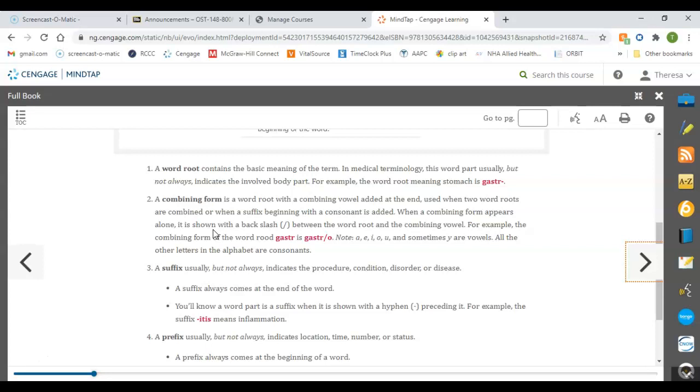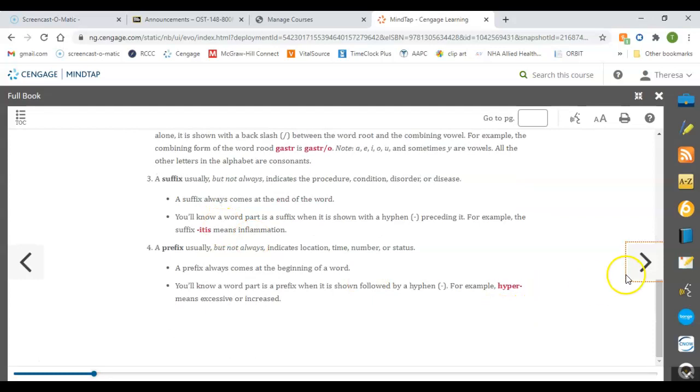The combining form is the root plus a vowel, and it's usually an I, but it can be something else. Suffixes at the end indicate the procedure, condition, disorder, or disease. And prefixes at the beginning usually say location, time, number, or status.